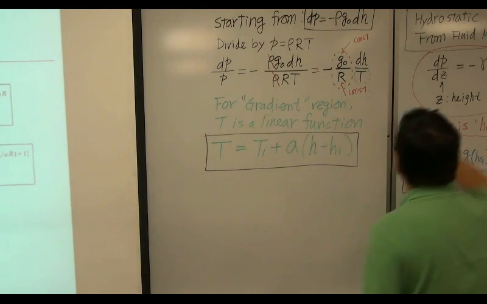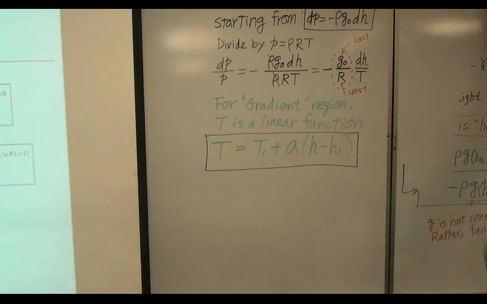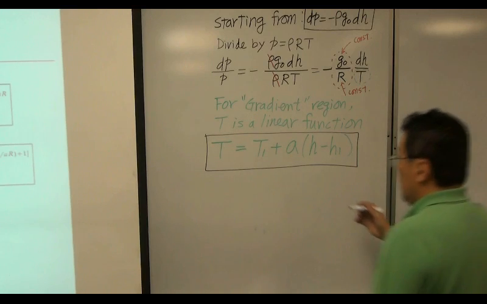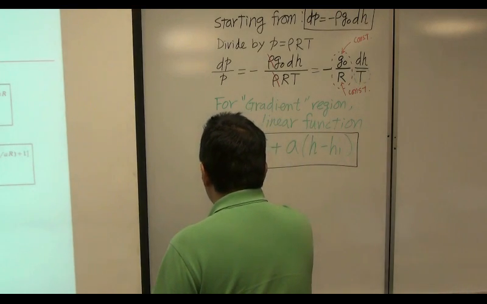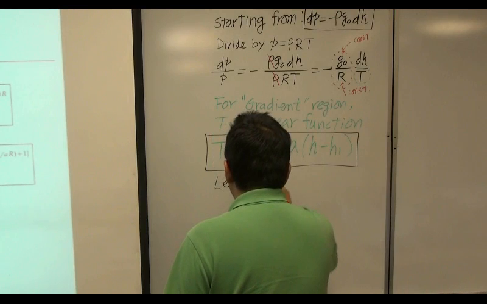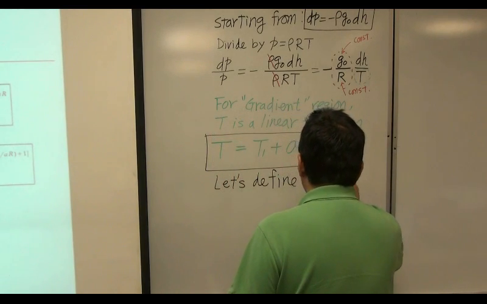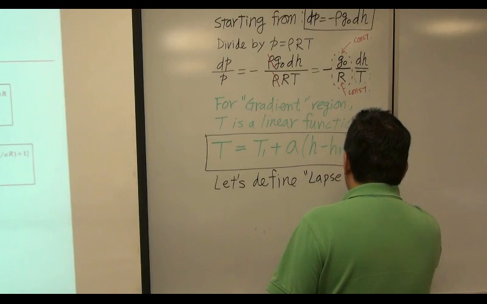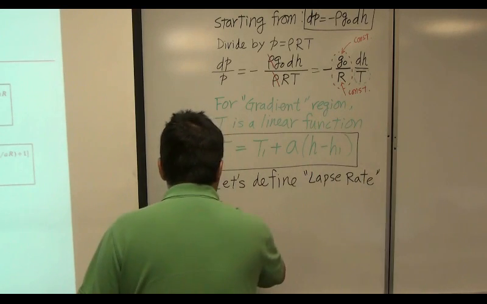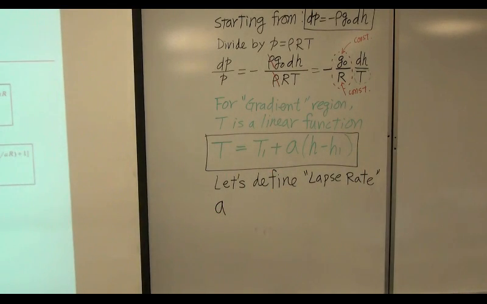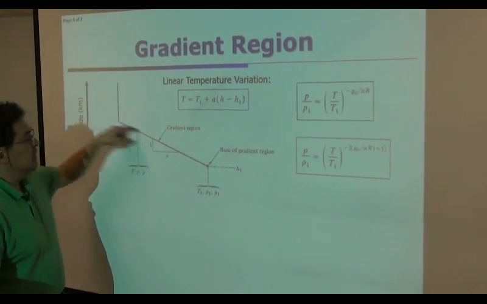So just erase here. All right. So let's define something called lapse rate A. Lapse rate A is essentially, let's take a look at this figure here, the slope of this linear line.